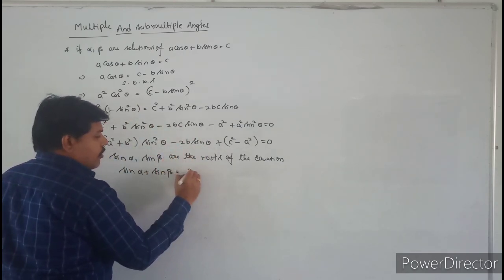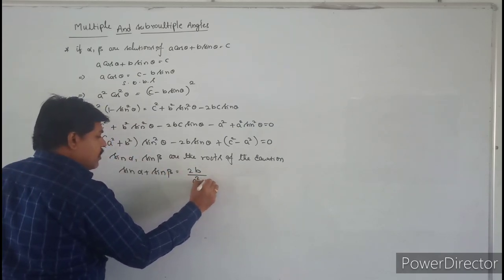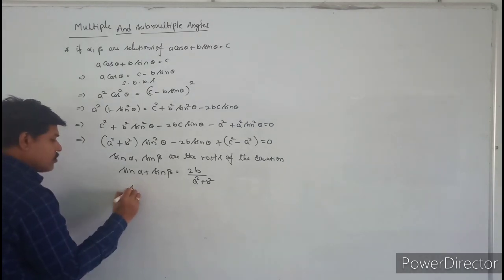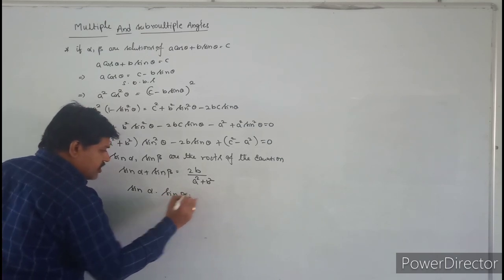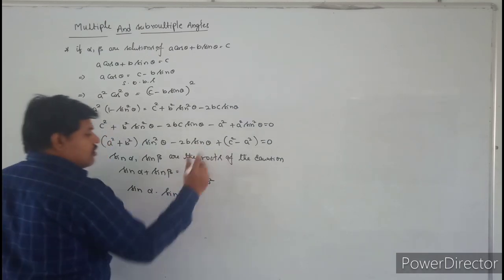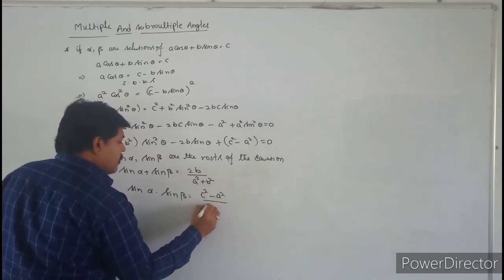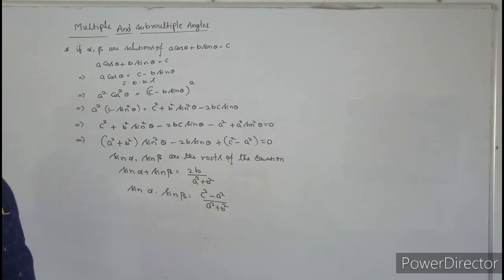Already minus is there, it will become 2bc by x square coefficient, which is a square plus b square. And what is the product of the roots? Sin alpha into sin beta is equal to c by a. What is the c value, students? c square minus a square by a square plus b square.